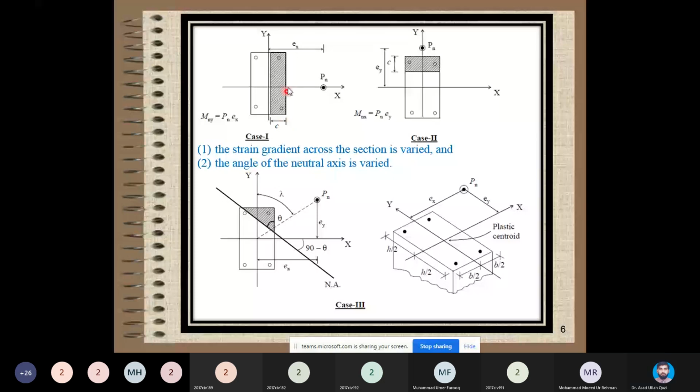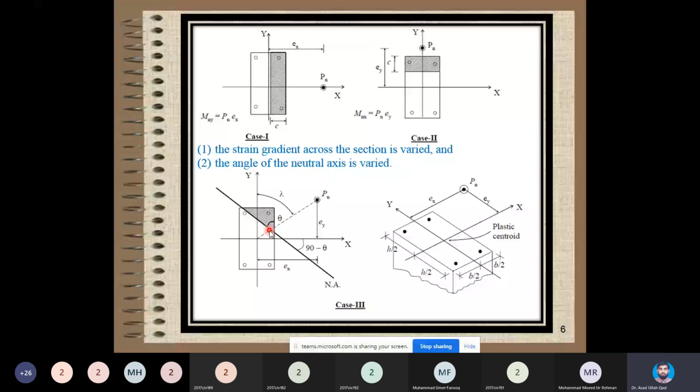Now it becomes the highly compressed corner, and the neutral axis depth will be the distance from the highly compressed corner to the point where the compression domain finishes and tension starts. So you need to vary not only the depth of the neutral axis, which will not be parallel to the edge, but also iterate the theta, the angle of the neutral axis.